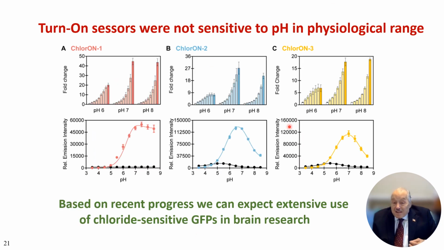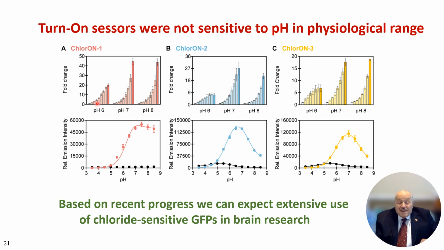And they were insensitive to pH. I was bringing up this pH problem all through this lecture, but these particular probes that turned on with chloride didn't have any significant pH sensitivity in the physiological range.